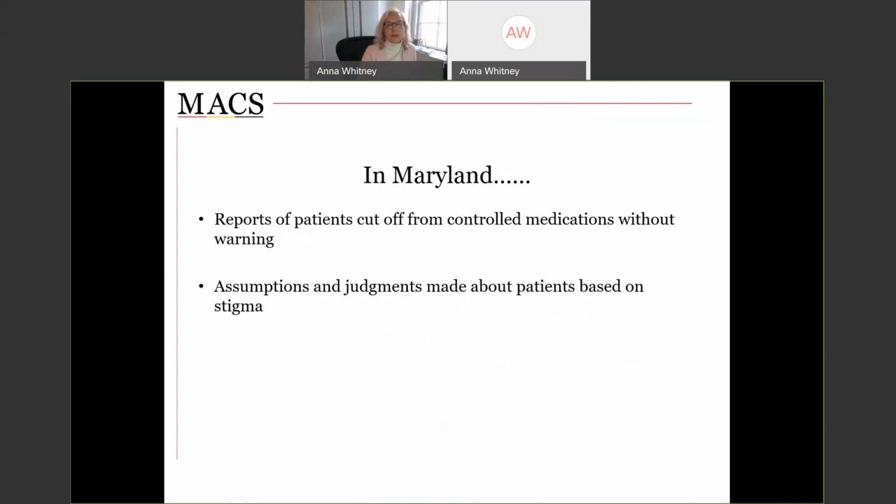I, for example, had a patient who called and said that their surgeon, when he found out the patient had been taking more than prescribed, all of a sudden just cut him off and wouldn't even see him or talk to him anymore. We have seen assumptions and judgments made about patients based on the stigma of addiction and the stigma of chronic pain. And unfortunately, that stigma has caused patients some significant issues.